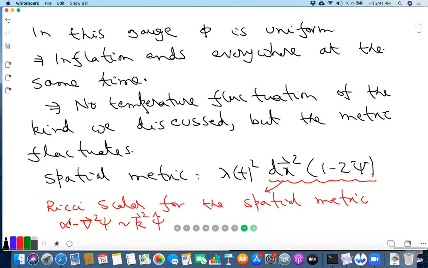So now the fluctuation that we are seeing is in the three-dimensional spatial metric. While the temperature is uniform, because the inflation ended at the same time everywhere, the three-dimensional metric fluctuates.